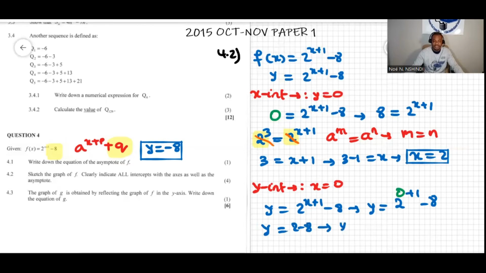So this means that y equal to -6. So this is the y-intercept. Now that we have the x-intercept, the y-intercept and the asymptote -8, we can now draw the graph.